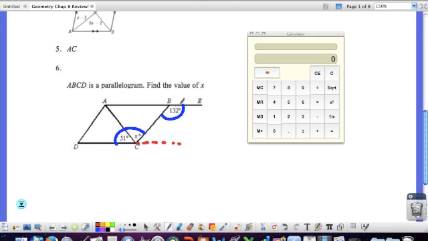There's one parallel line. This is the other parallel line. I'm just dashing them in so you can see them. Cut by a transversal, 51 plus x is going to be congruent to 132. 132 minus 51, x is 81, and that's what we wanted to find the value of, x.